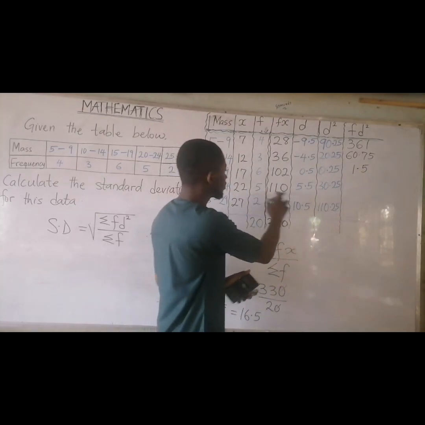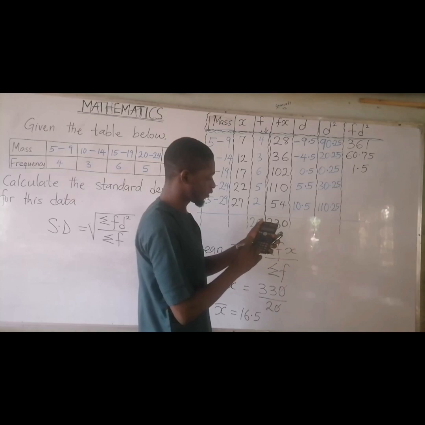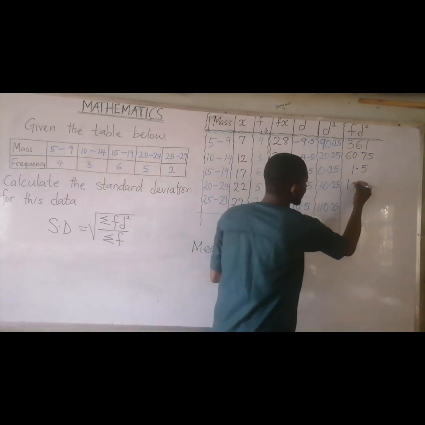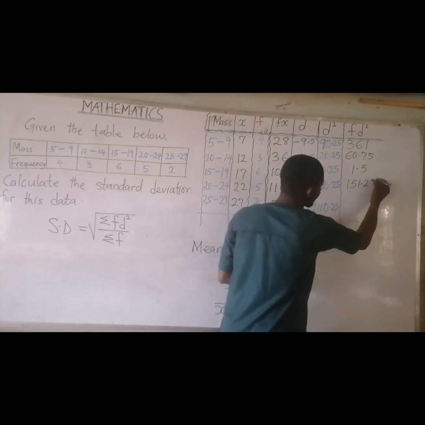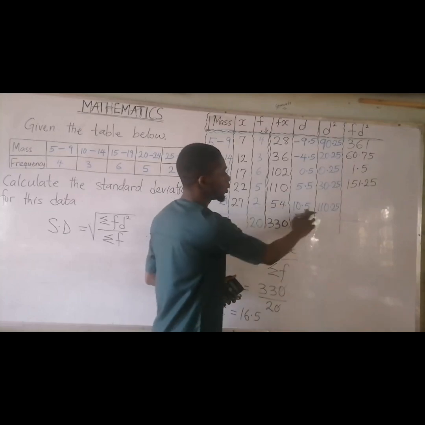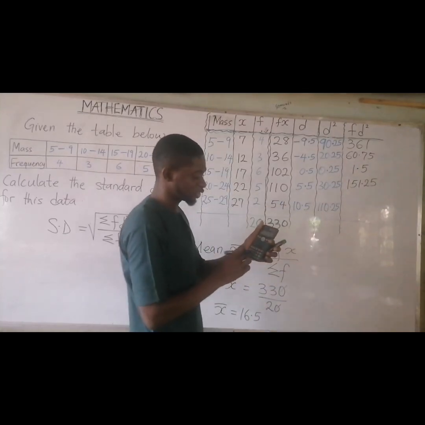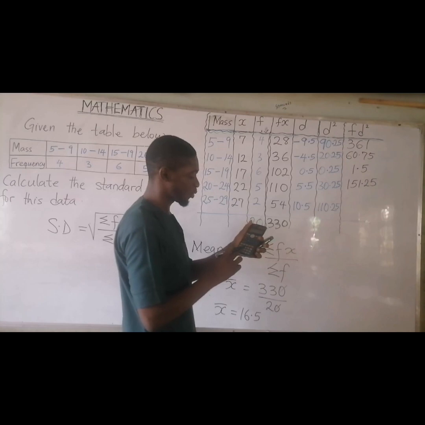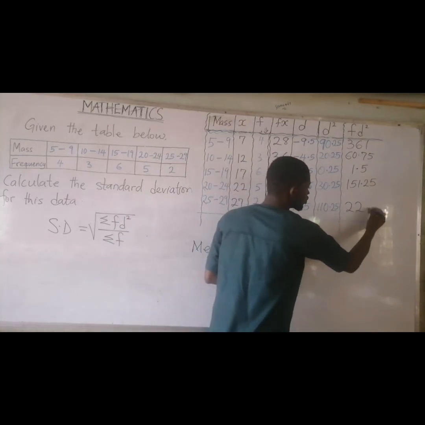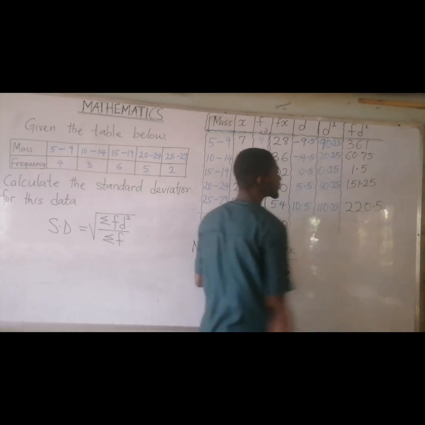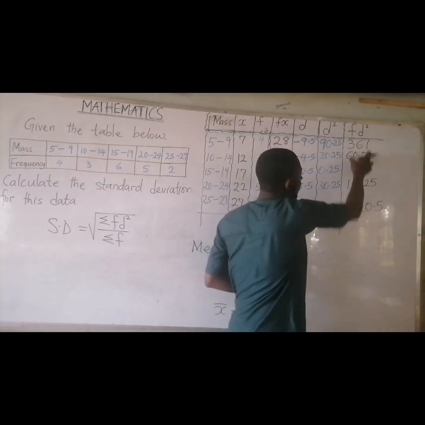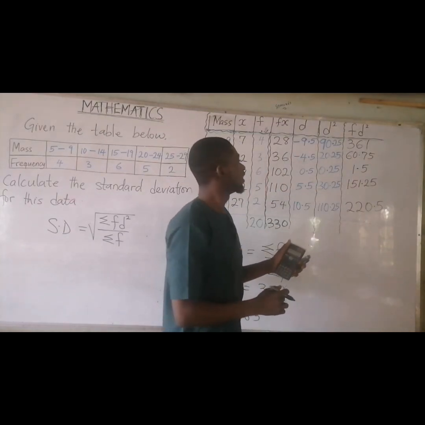Then for the next one, 30.25 multiplied by 5 gives us 151.25. And the last part, where we multiply 2 by 110.25, gives us 220.5.